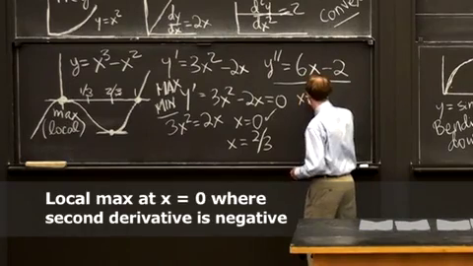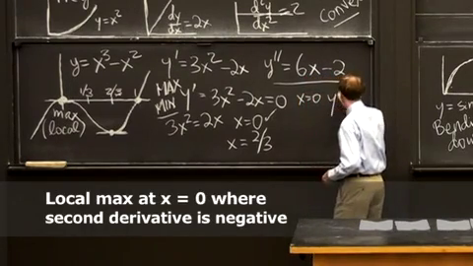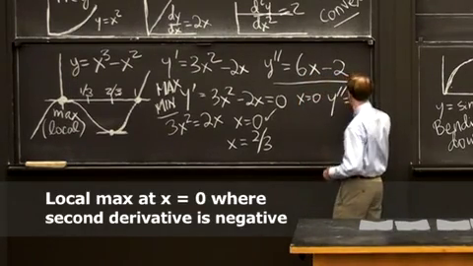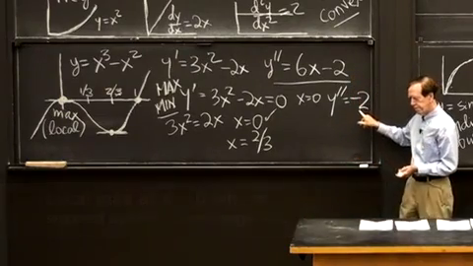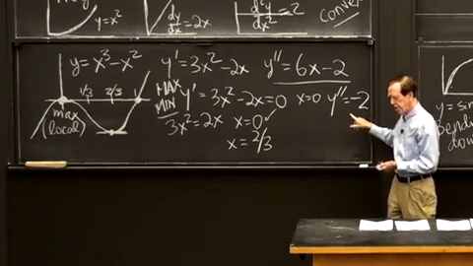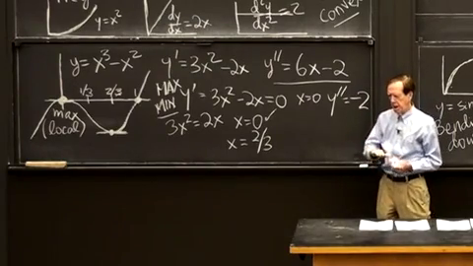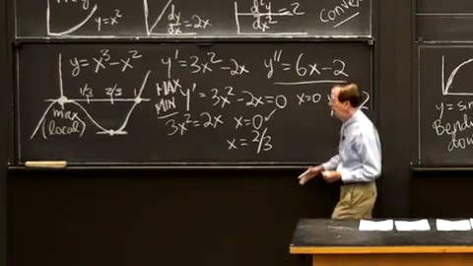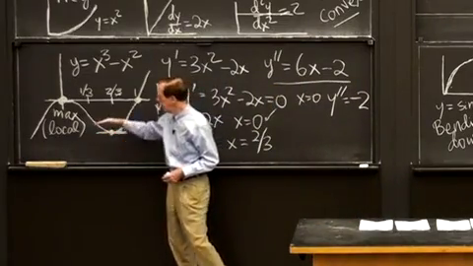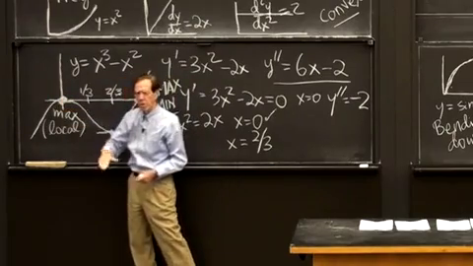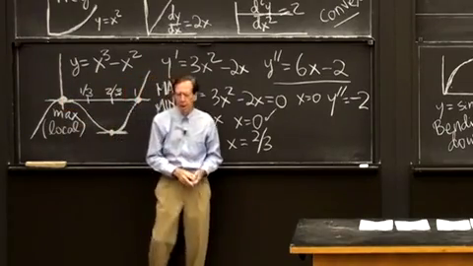At x equals 0, I see y double prime, if x is 0, is minus 2. Good. Negative second derivative tells me I'm bending down, as the graph confirms, and the place where the slope is 0 is a maximum and not a minimum.